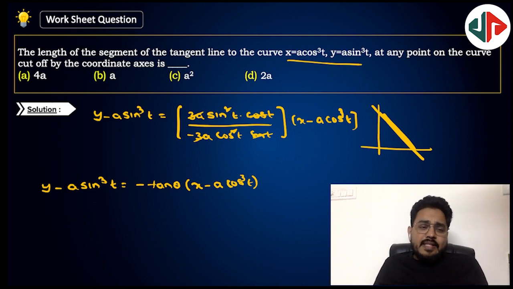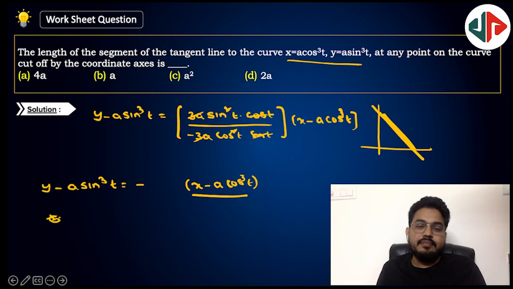So find out the x-intercept here. For the x-intercept, substitute y is equal to 0 and you'll get the x value; substitute x is equal to 0 and you'll get the y value. Hence you'll get the answer. Otherwise, you can also write this equation, instead of tan t, simply as sin t by cos t.